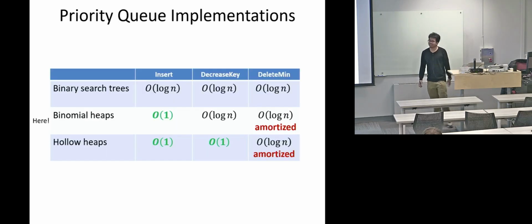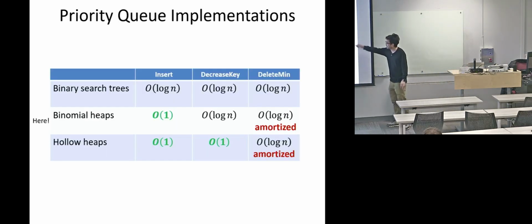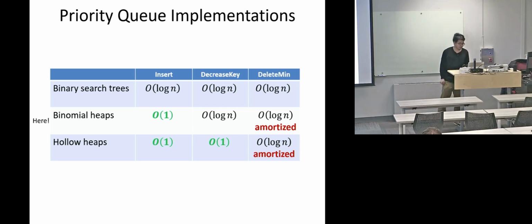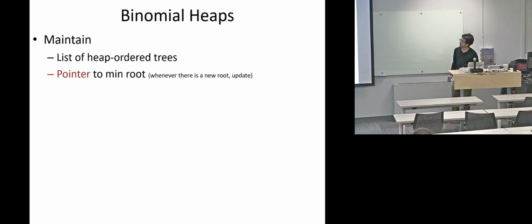Okay, so now I'm ready to define what binomial heaps are. The binomial heap works like this. We're gonna maintain a list of heap order trees, so we have a forest of heap order trees.